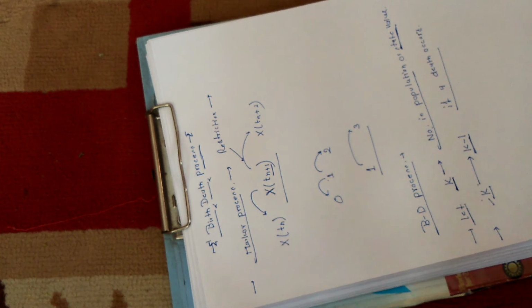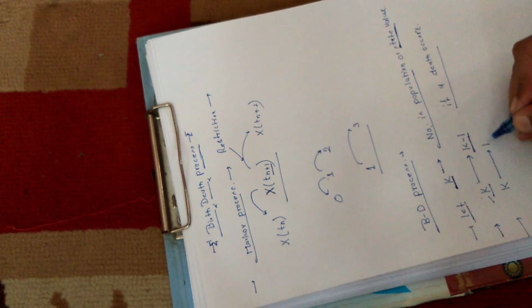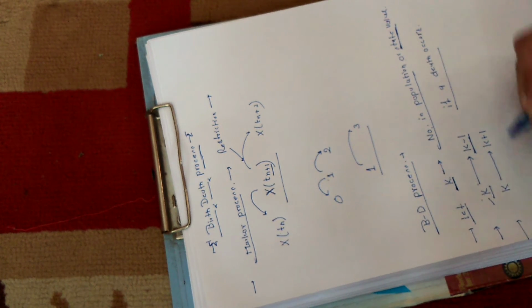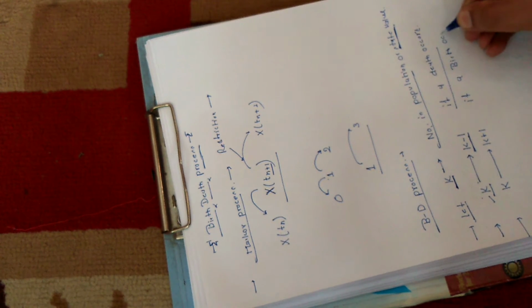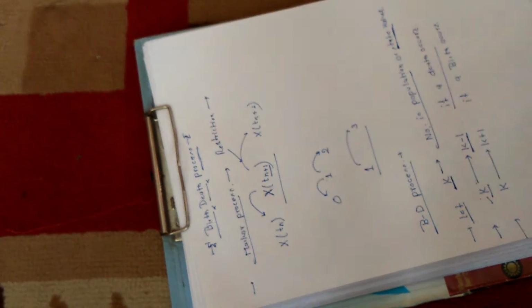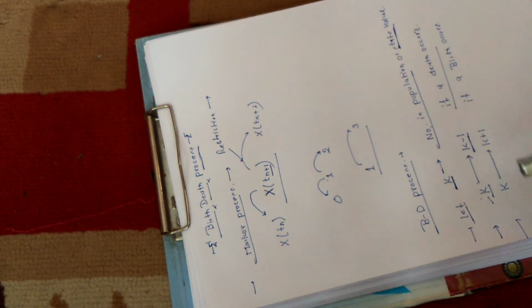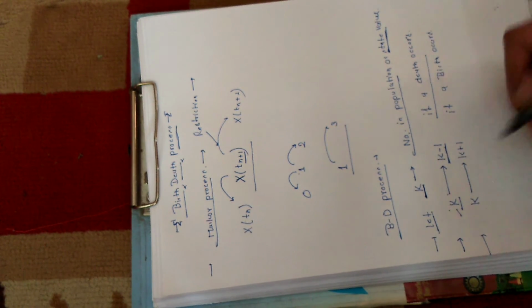Similarly, if the state is k, it goes to state k plus 1 if a birth occurs. It means whenever a birth occurs in a population, it adds one, so the system stays in the state k plus 1.